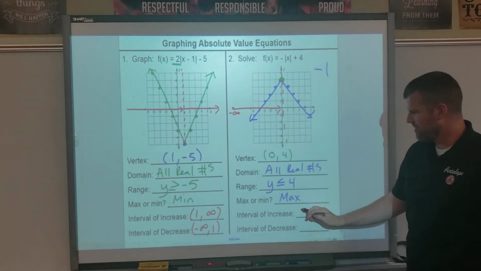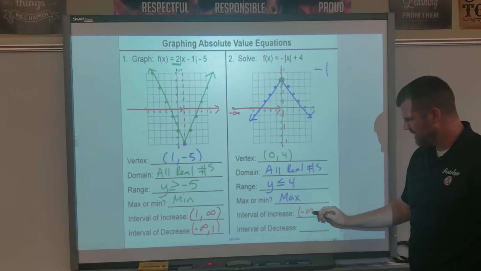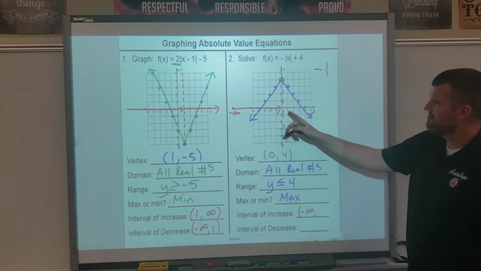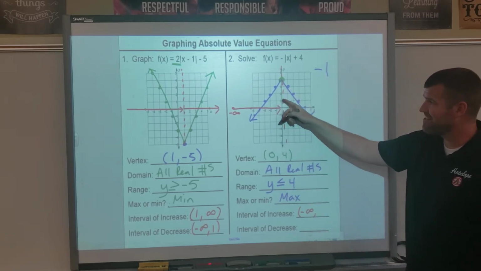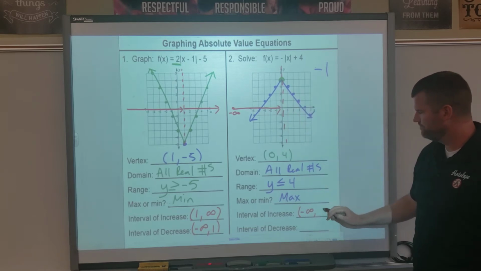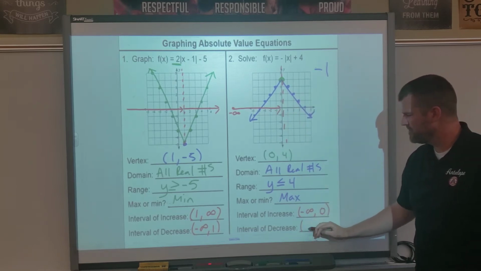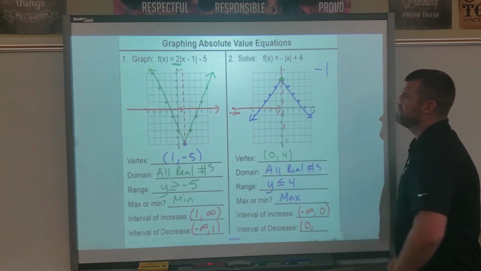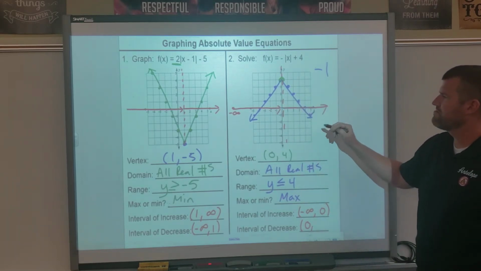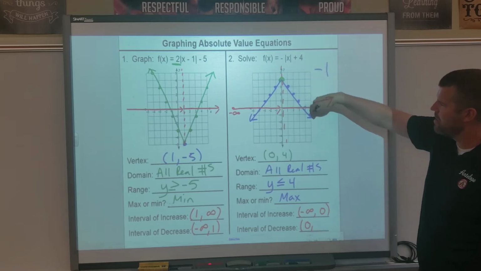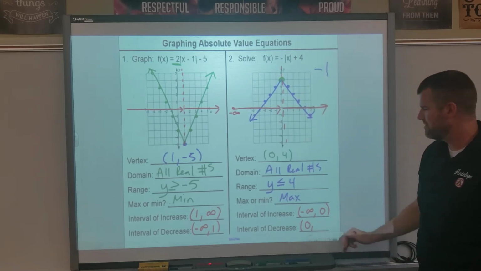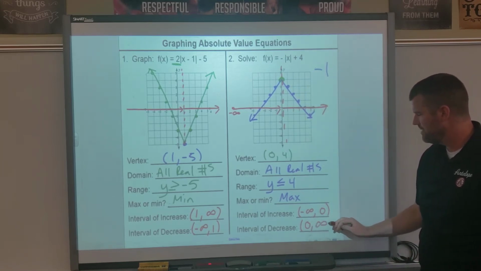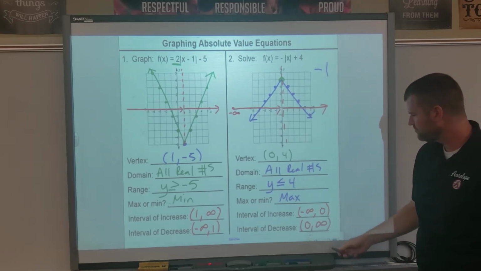So it is increasing from negative infinity until we reach our line of symmetry, which is an x value of 0. But once we reach x = 0, as we move towards positive infinity, where's our graph going? It is going down, so it is decreasing from 0 to positive infinity.